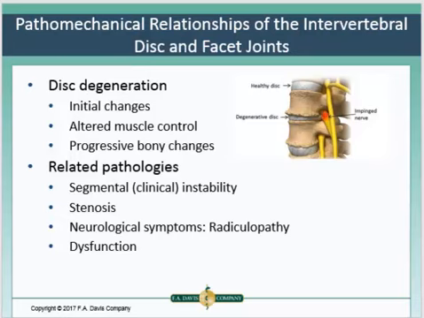Okay, so what's the relationship between this disc and the wear and tear in the disc and the facet joints? Initially with disc degeneration, there's an increased slack and an increase of mobility and translation of the spinal segment. This causes the facet joints to have more strain on them.